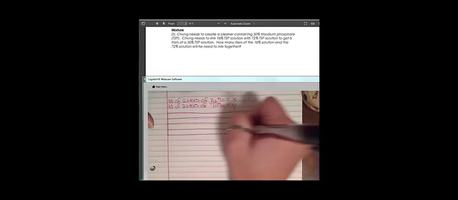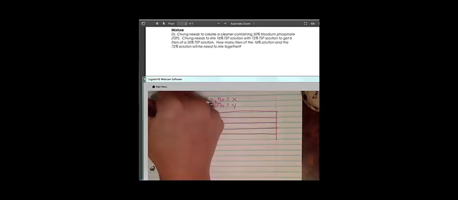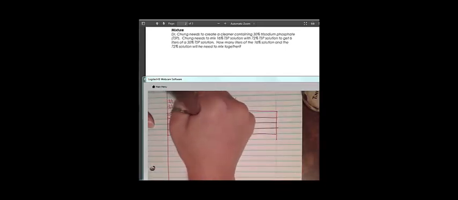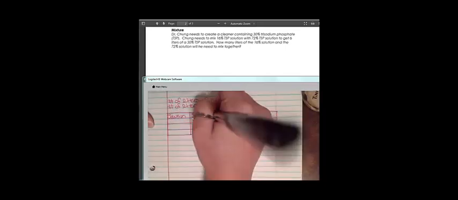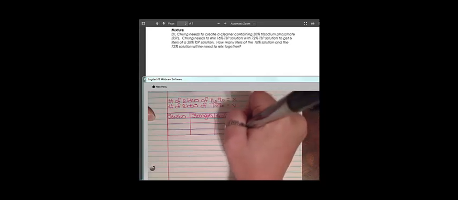So, our first column, if you remember, is the solution column. Our next column will be our strength column. Then the number of liters. And the last column is amount of TSP.